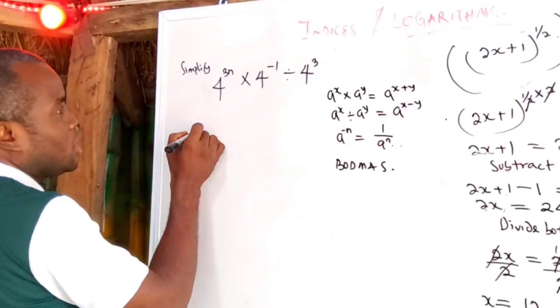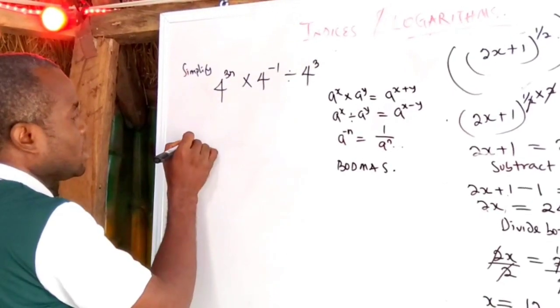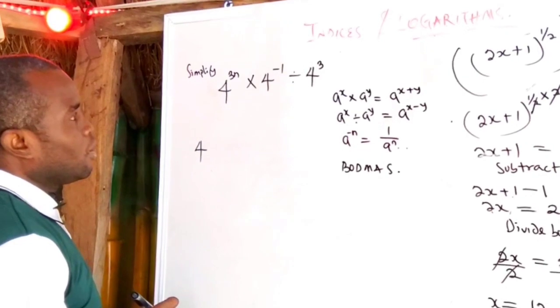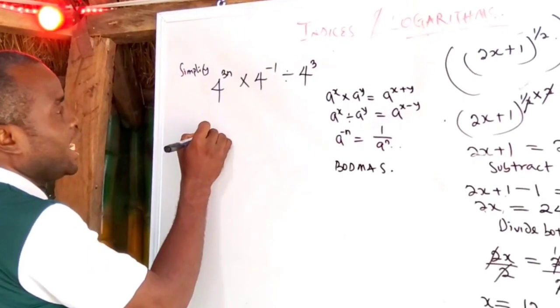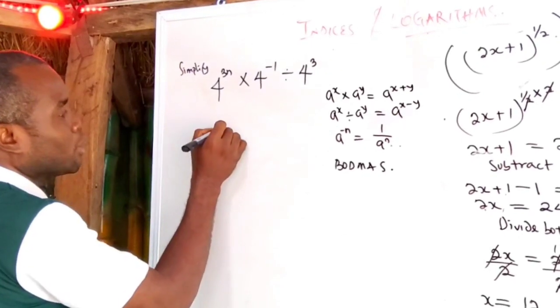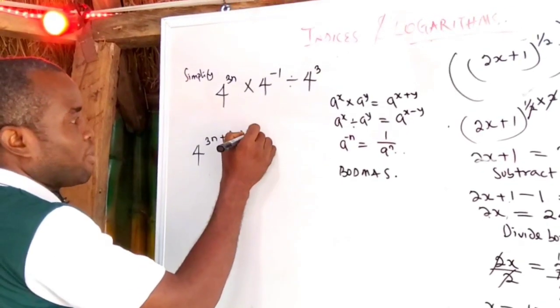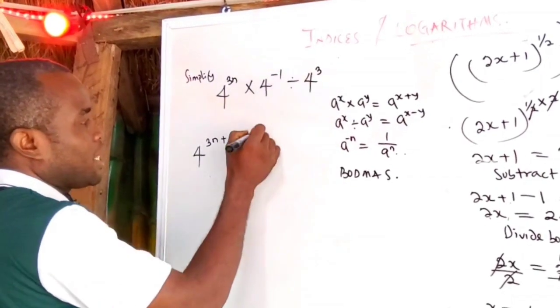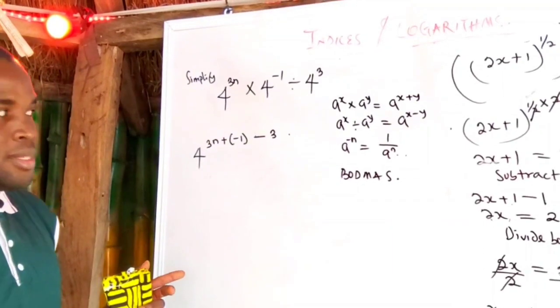So what we do is say, okay, this is good, it's of the same base. So this is the same thing as 4 raised to power 3n plus minus 1, and because it's divided by 4 to the power 3, minus 3. It's as simple as that.